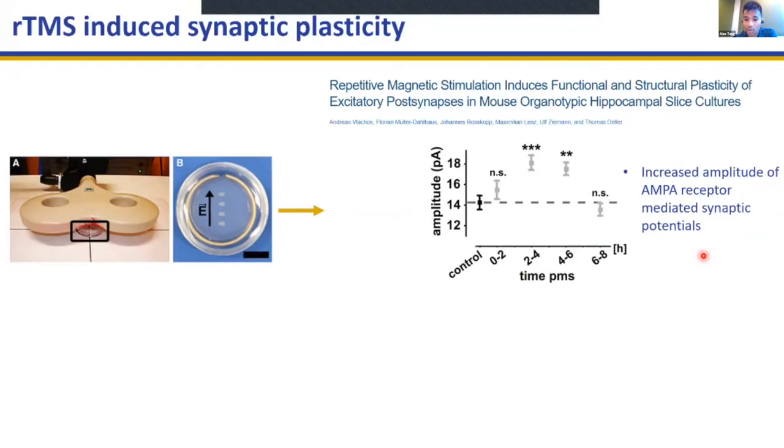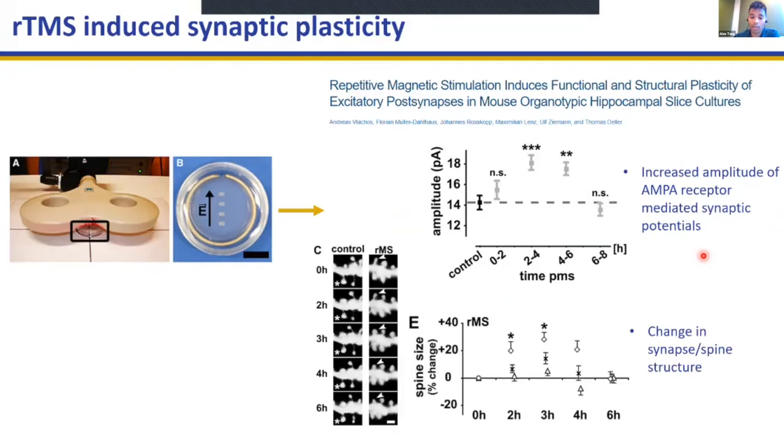But in addition to synaptic strength changes, they found structural changes. And so here we have the dendritic spines. These little knobbly things here are the dendritic spines, the postsynaptic structures. And what they found is that in addition to their functional changes, the size, in this case, of the synapse changed.